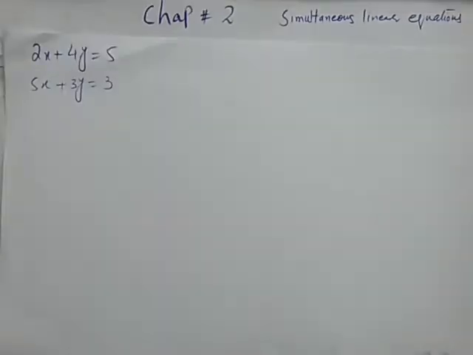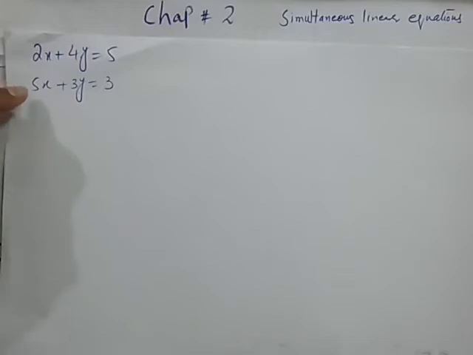Students, you can see that another kind of question is given to you. 2x and 5x, 4y and 3y, both are different. The coefficients of x are not the same, the coefficients of y are not the same. So to make them the same, we have to change the coefficient of one of the variables.